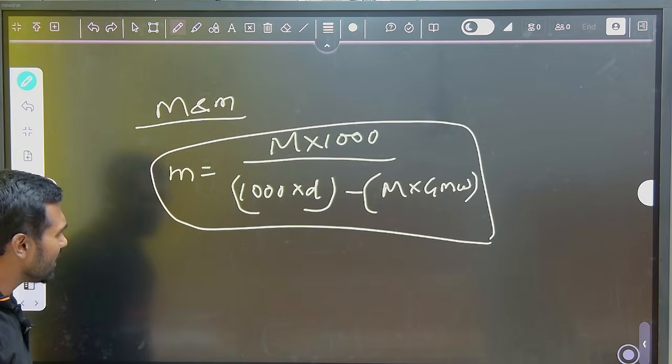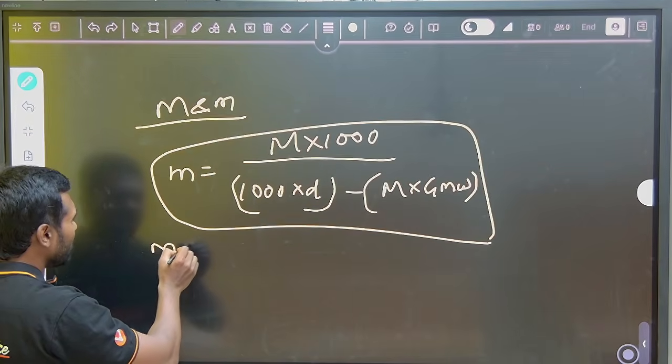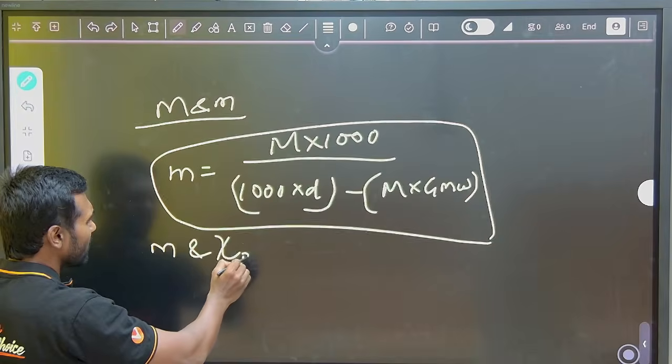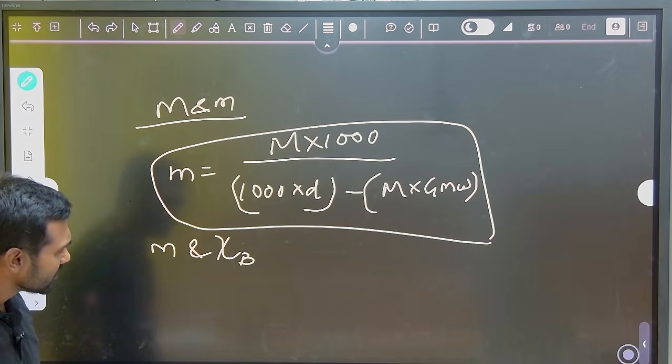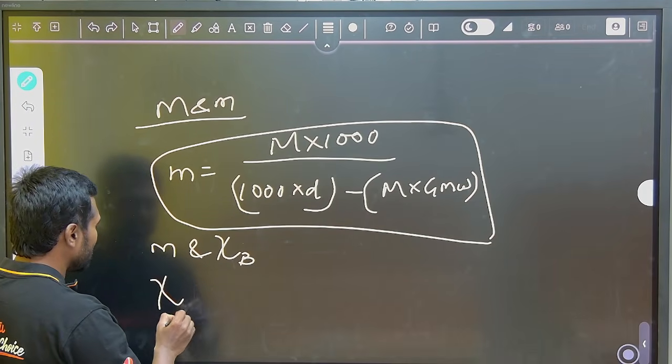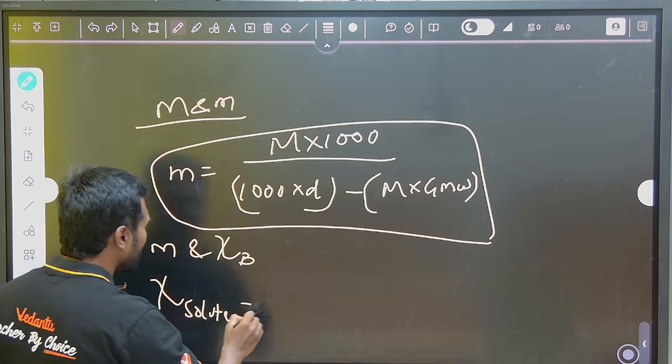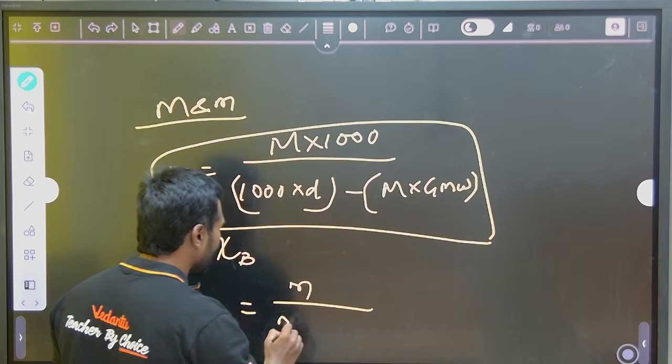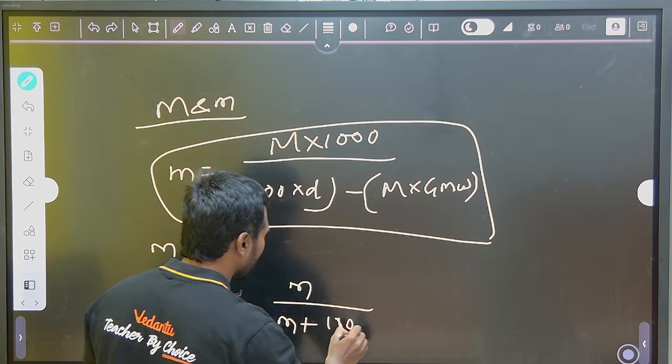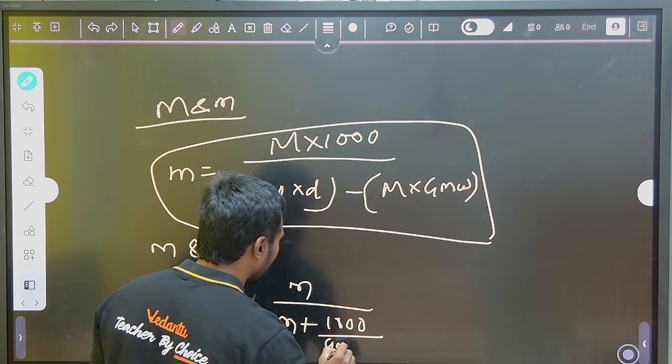And the relationship between molality and mole fraction of solute. Here I am considering B as the solute. Then mole fraction of solute is equal to molality by molality plus 1000 by gram molecular weight of solvent.